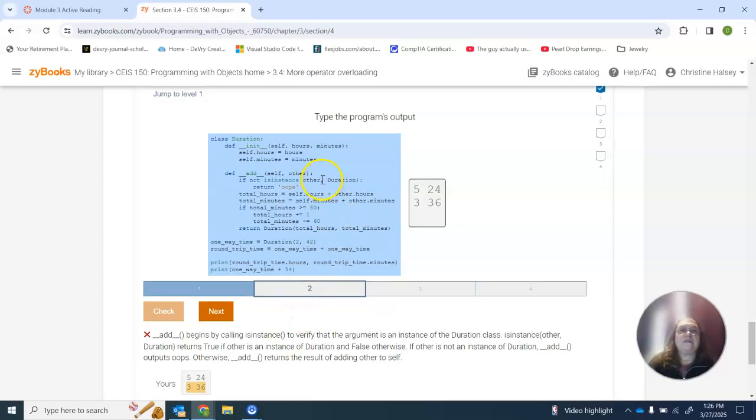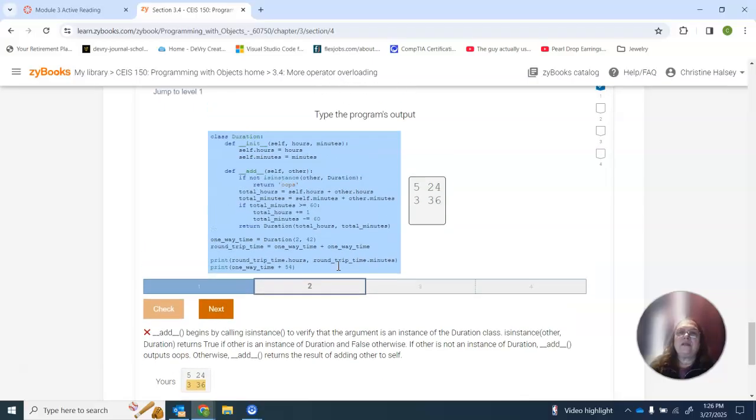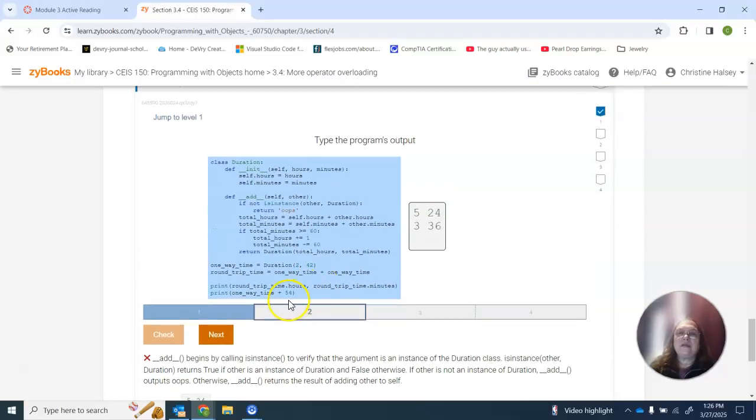Oh, I was not paying attention to the if function, so oops is what it should have returned there. So I guess what it did was when it had the one-way time plus 54, those were two different types of values that it was looking at.